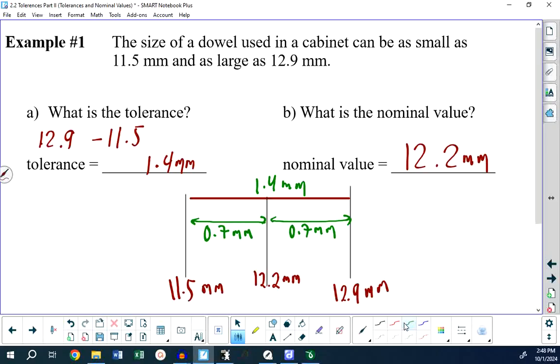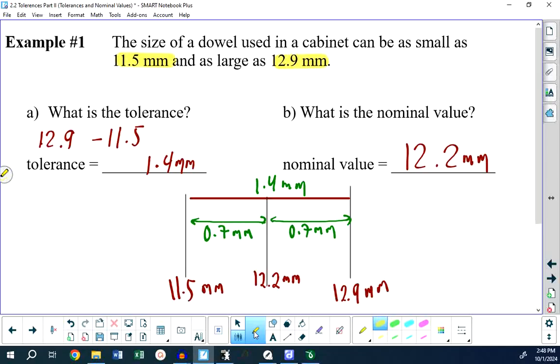I'm going to show you a different way you could do it. Average these two numbers. Add them together, hit equals, and then divide by 2. So on your calculator, Alex, do you have a calculator?